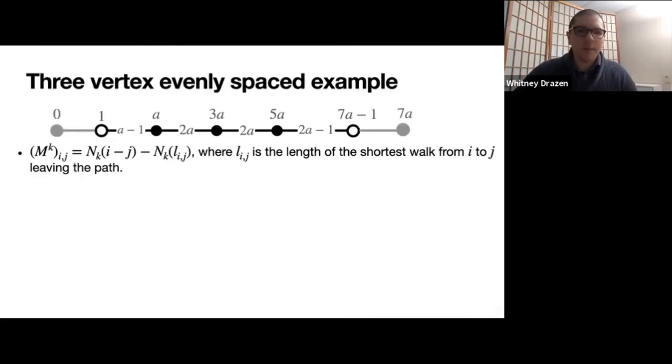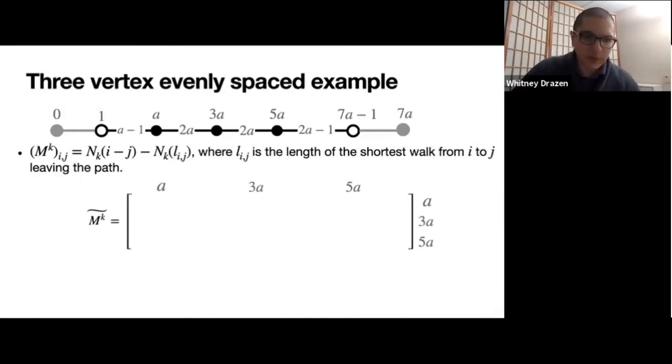Let's recall that we need vertex 0 and vertex 7a, because these are the vertices we need to go through to make a walk leaving the path. And we can fill in this restricted power of the adjacency matrix.